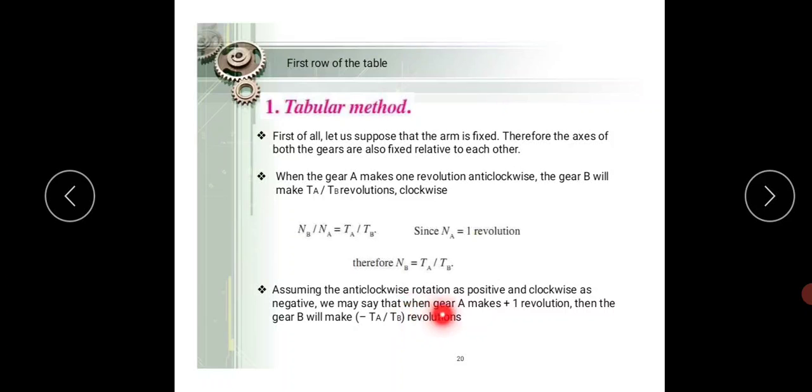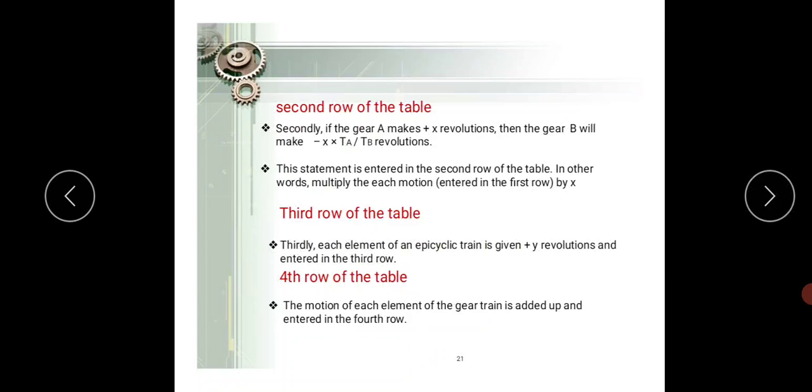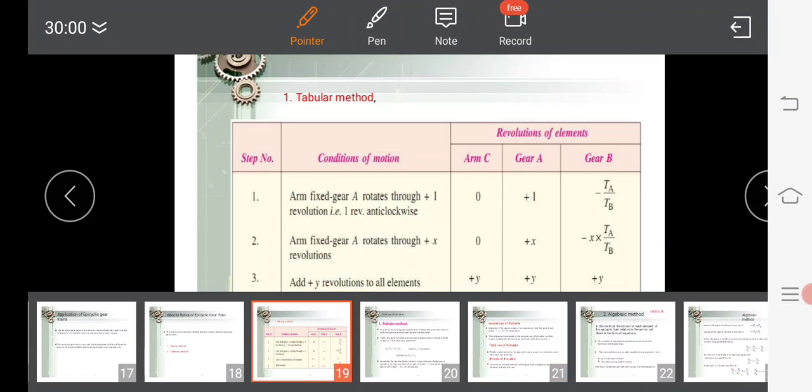We may say that when gear A makes plus 1 revolution, gear B will make minus TA divided by TB revolutions. This is the first row of the table.